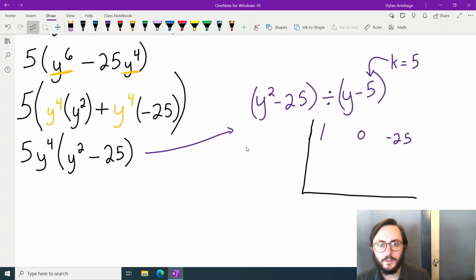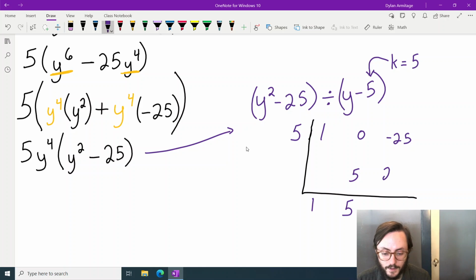At this point, we put our value of k on the outside, that 5 there, and we're going to bring down the 1 first. Then 5 times 1 is 5. 0 plus 5 is 5. And 5 times 5 is 25.